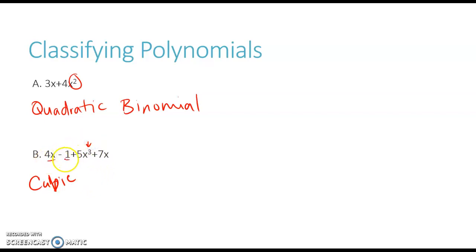And then we have 1, 2, 3, 4 terms, so this would be a polynomial. And that's how we classify polynomials. That gives you some vocabulary and an understanding of what we're talking about when I start using the word cubic or quadratic. So I will see you in the next video. Stay classy.